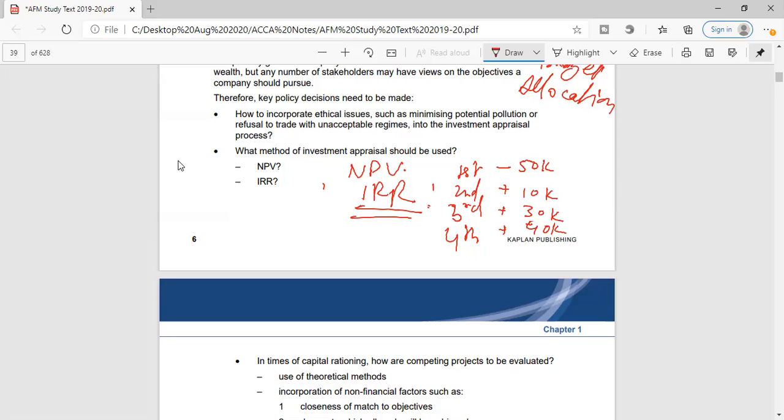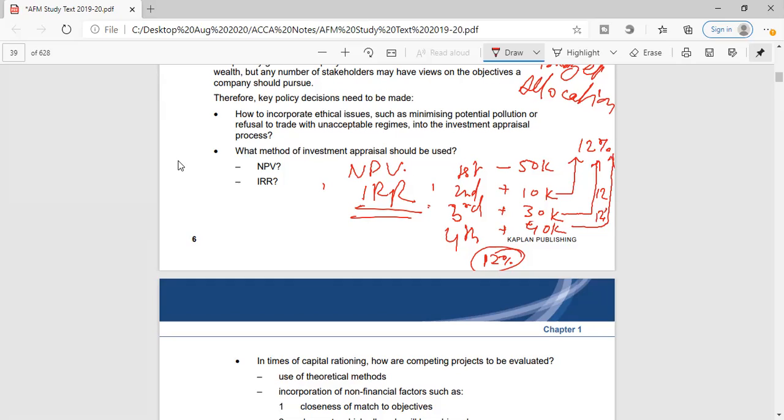The internal rate of return says that, let me guess some number, something like maybe 12%. So internal rate of return says if you invest all this money somewhere and get 12% return, so you invest again 30,000 at 12%, another 40,000 at 12% only, right?